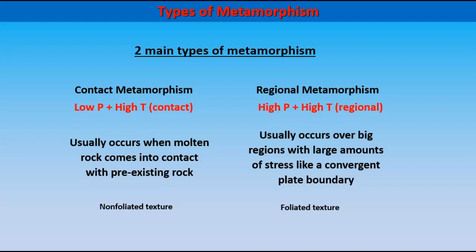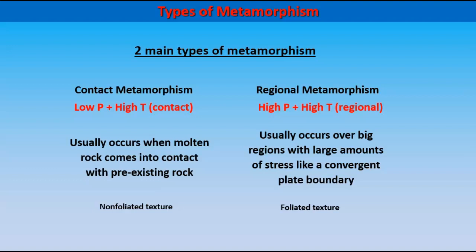But at some point it stops and emplaces itself, and it can't move anymore, but it's still a liquid, and it heats the surrounding rock, and that is the driver that's altering this zone around a magma chamber into something else. And so the big driver here is the high temperature, not the pressure.